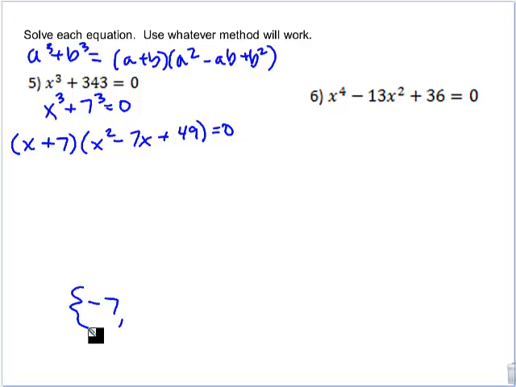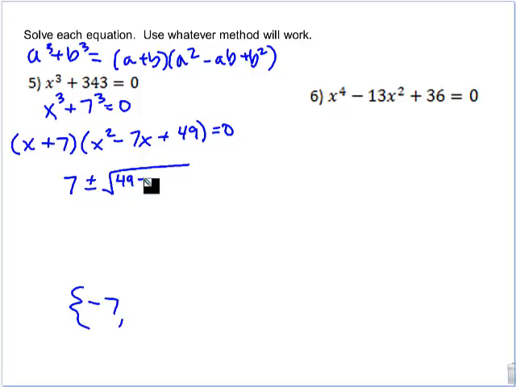Now that can't be factored, so we can do the quadratic formula. You should all still hopefully have this memorized. x equals negative b, right? So what's our negative b for this portion? 7, yeah, plus or minus the square root of b squared would be, yep, negative 7 squared is 49 minus 4ac.